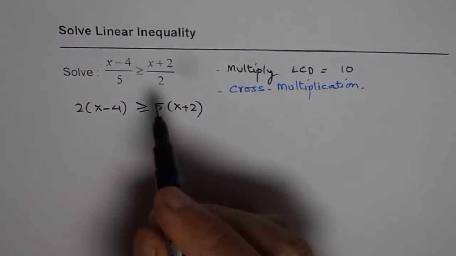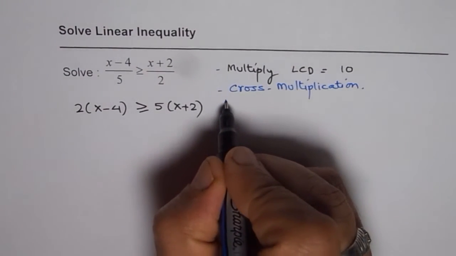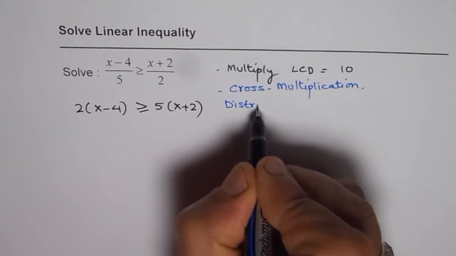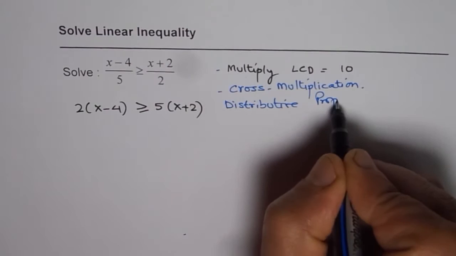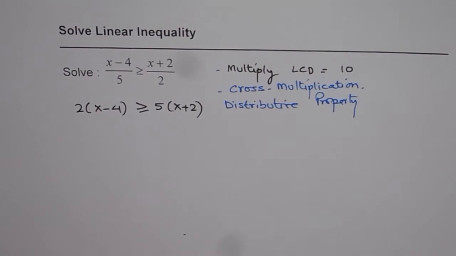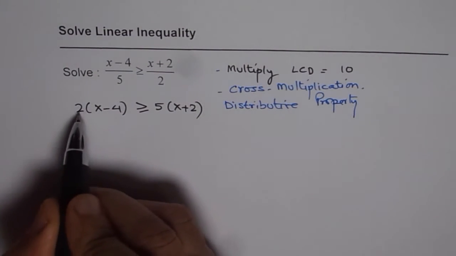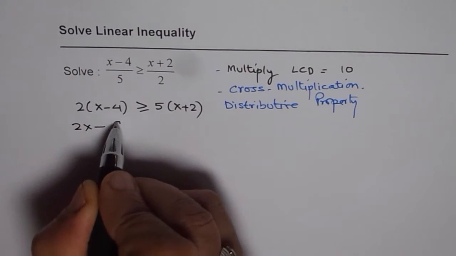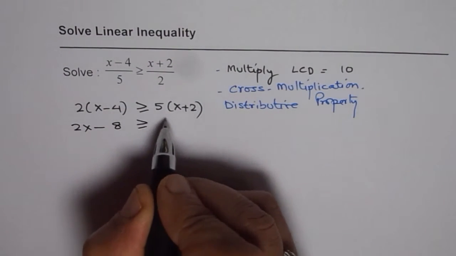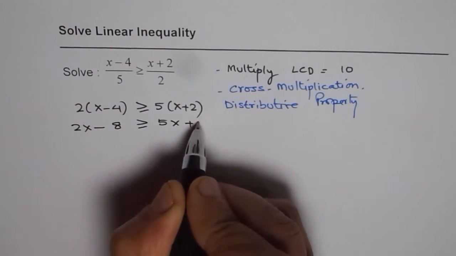Now we can apply the distributive property and expand. So we get 2 times x is 2x, minus 4 times 2 is 8, greater than or equal to 5x plus 10.